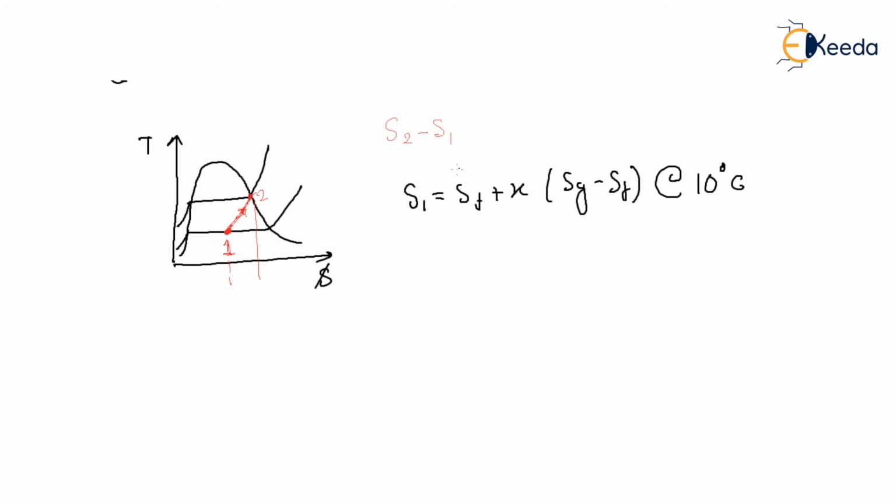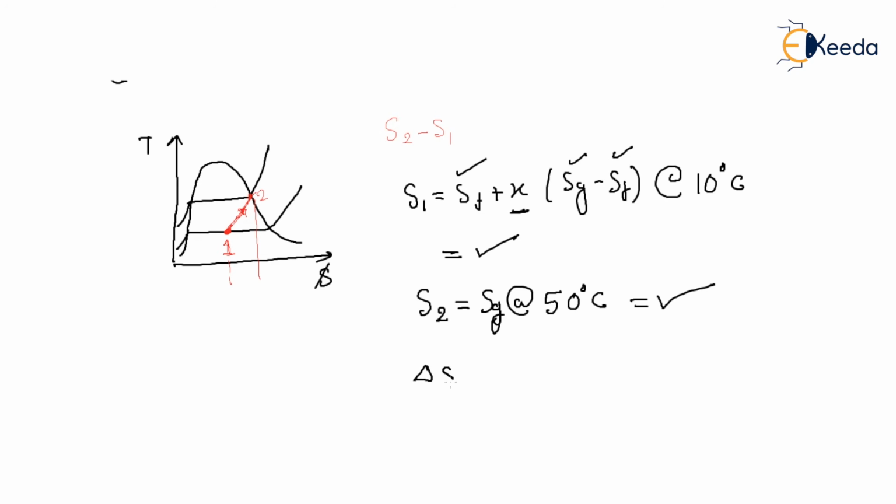From the table at 10 degree centigrade, you have SF, Sg, and you have already calculated X. So you find S1. And what is S2? S2 is nothing, it is Sg at 50 degree centigrade. So the entropy change is equal to S2 minus S1, can easily calculate.